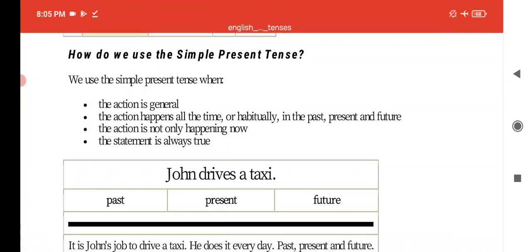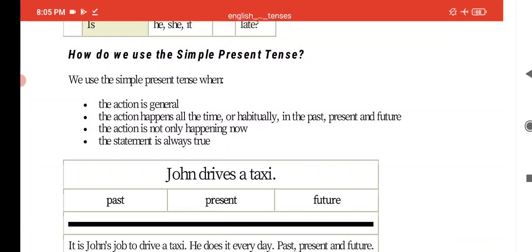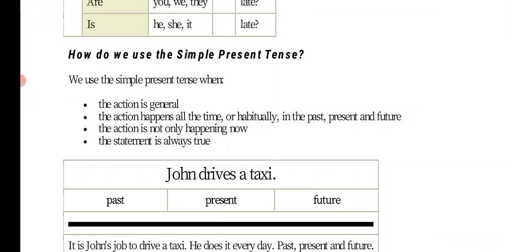Habitual actions mean you go to school every day, I go to school every day. The action is not only happening now. We can also talk about universal things, like the equator is an imaginary line, right?